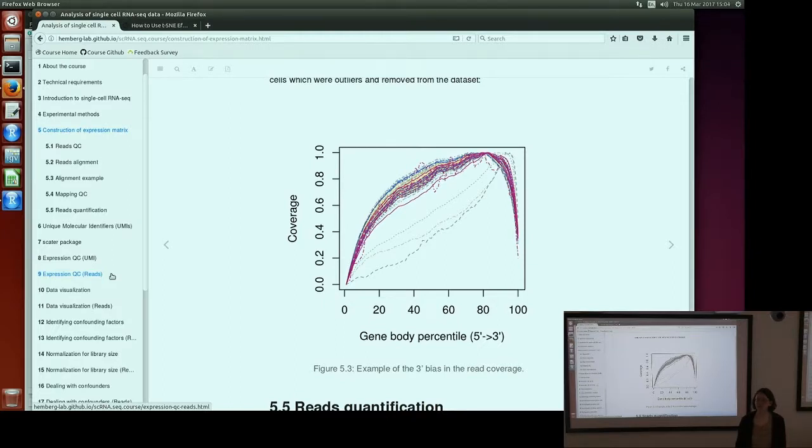Potentially, yes. So, the question is whether you can downsample multiple times and then average across them. Potentially, you could do that, although you may increase the number of non-zeros again by doing that.